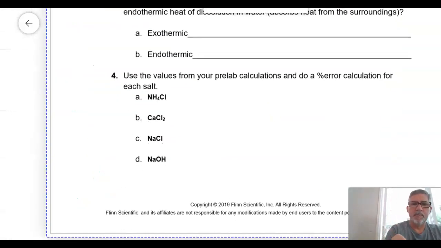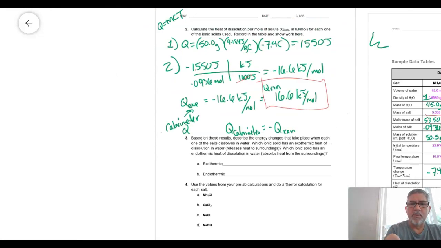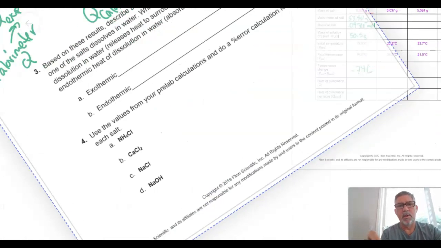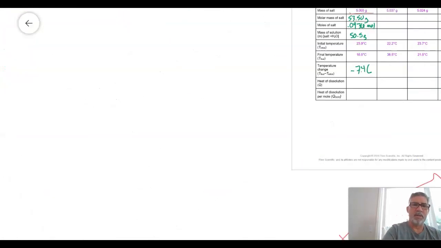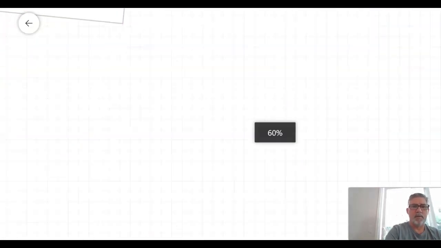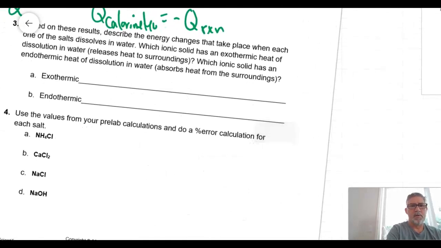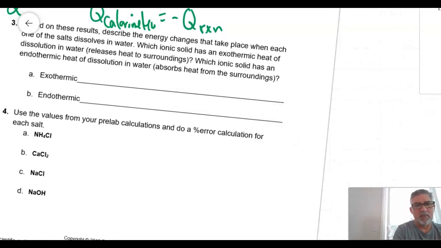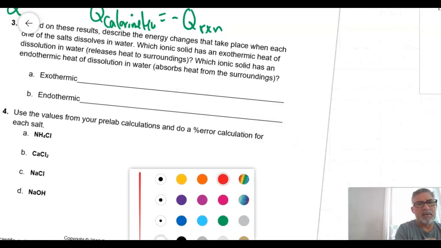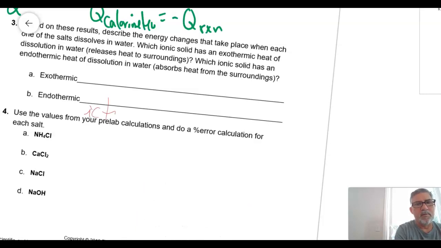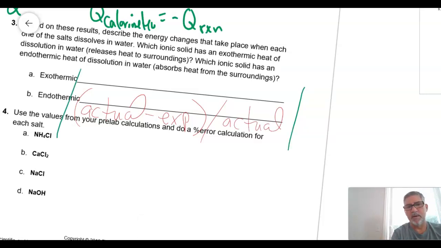So we come down to percent error. Remember I have actual. Oh, that got all messed up, didn't it? I lost it. Alright, we're just going to have to assign this here. It's going to be actual minus experimental, divided by actual, and I'm going to have to make that an absolute value.